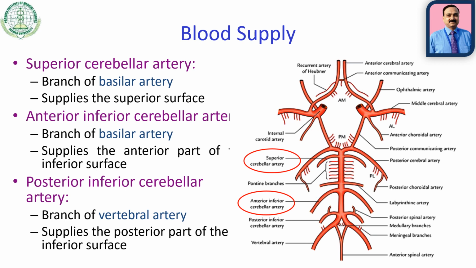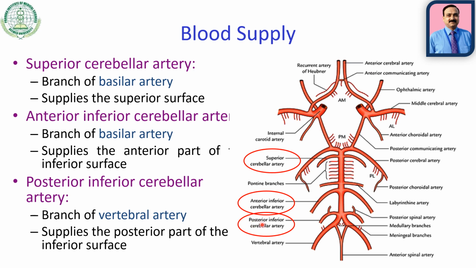And the third one is posterior inferior cerebellar artery. So you can make out this is posterior inferior cerebellar artery and this is a branch from the vertebral artery. So two branches from the basilar artery and one branch from the vertebral artery.